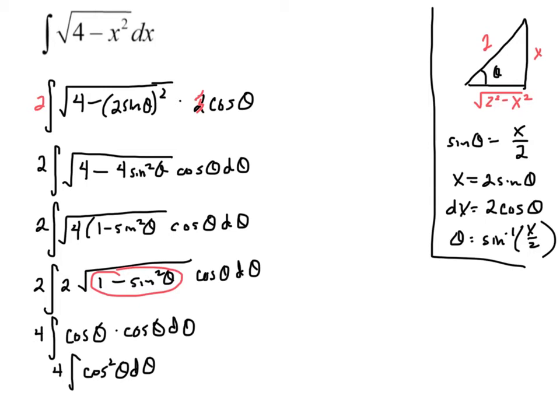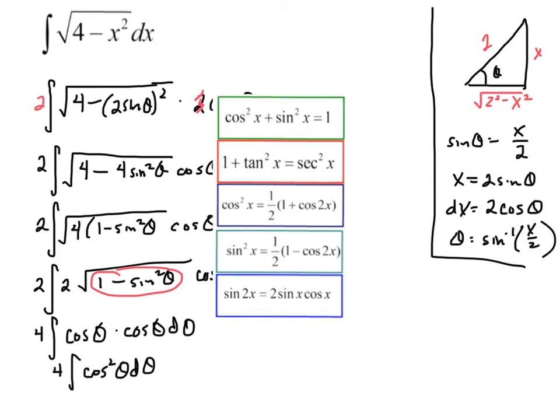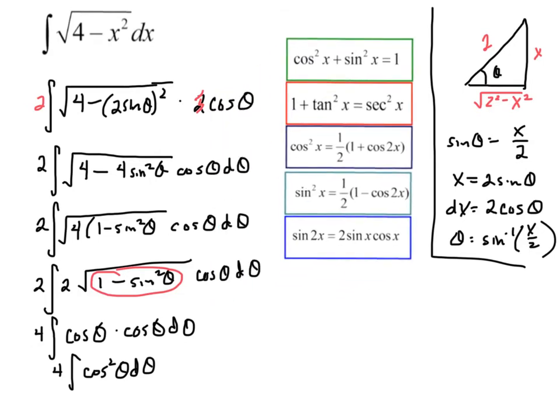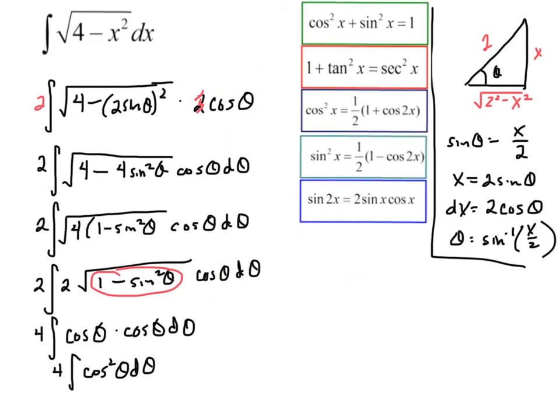Okay. Now, using our little trig identities here, put them right up here, I know that cosine squared is equal to 1/2 times 1 plus the cosine of 2x. So, boy, I'm really running short on room. Let me see if I can't fit the rest of this in.